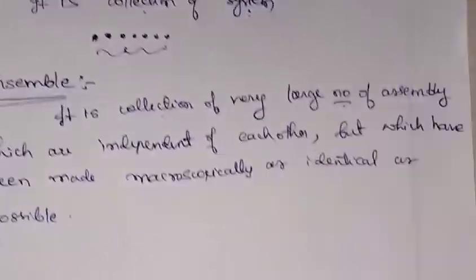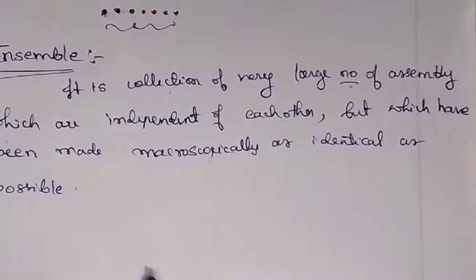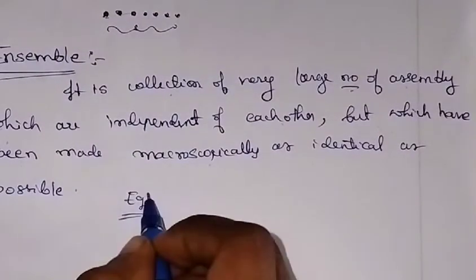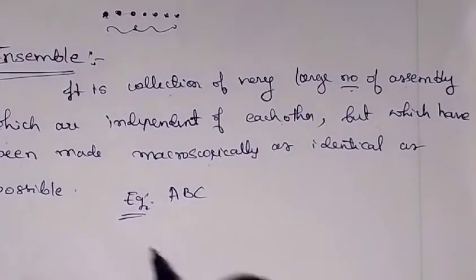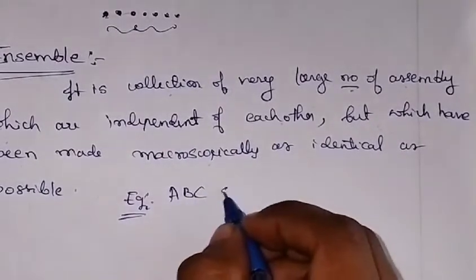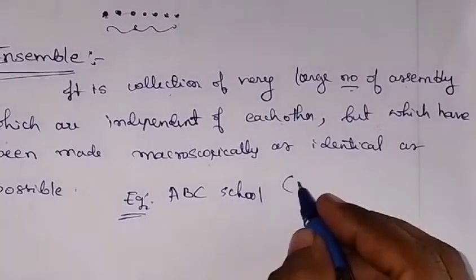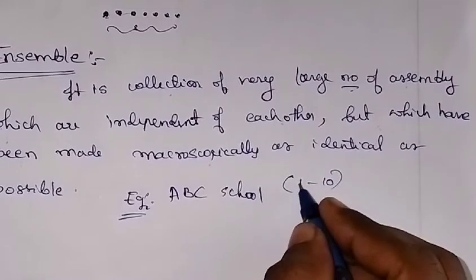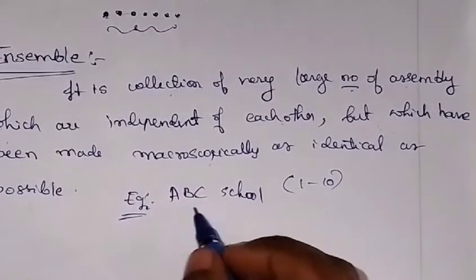To explain this ensemble, I take an example of a simple ABC school. In this school there are 1 to 10 classes, that means first standard, second standard till 10th standard.